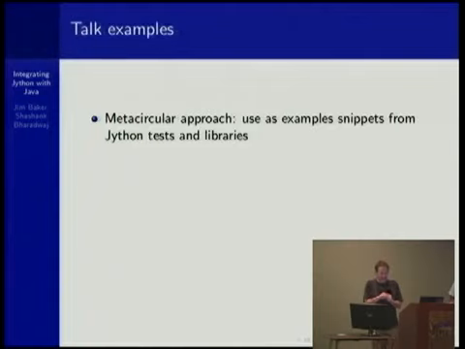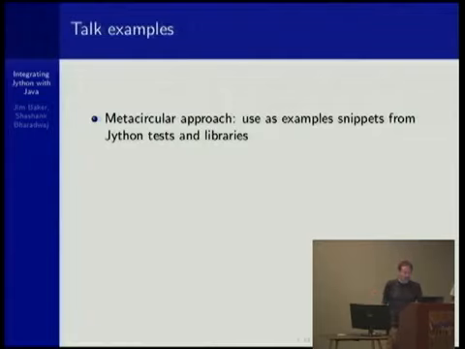So to a large extent in this talk, I'm going to try to do some sort of metacircular approach where one thing that we like to do in the Jython project is we like to use Python as much as possible. In our tests, we test it that way. In our libraries, we obviously like to write our libraries using Python.